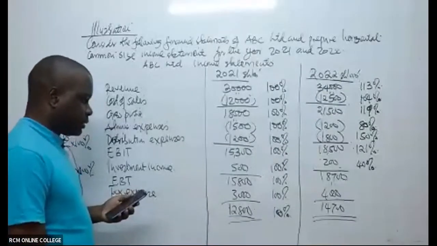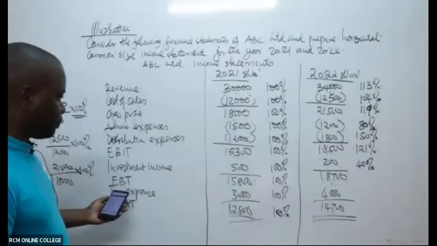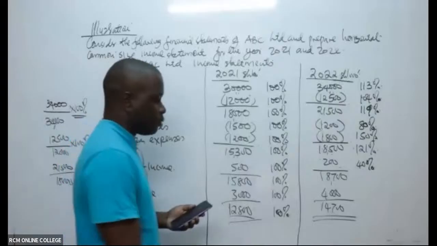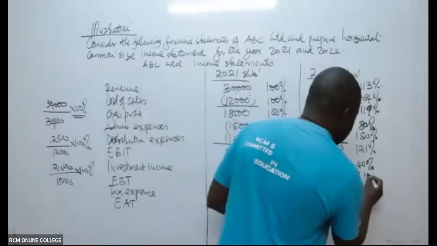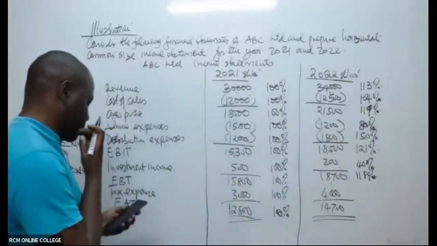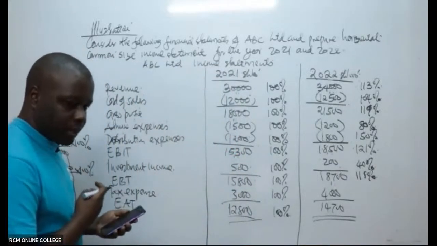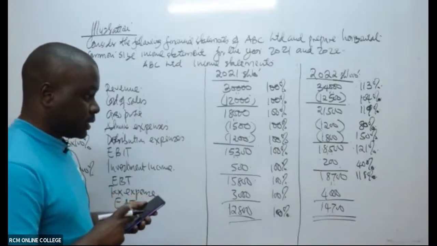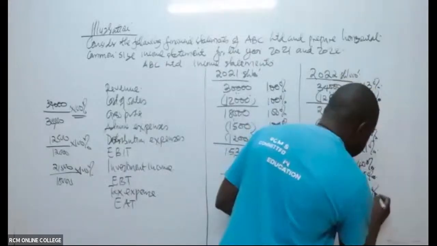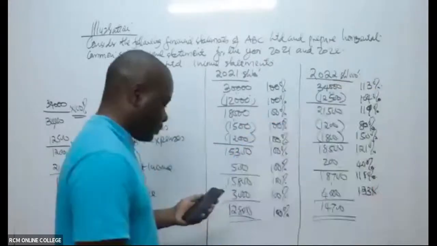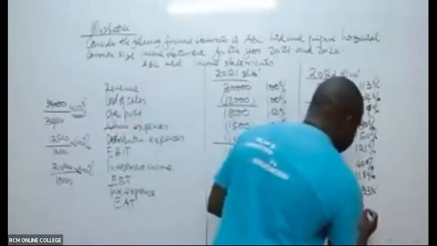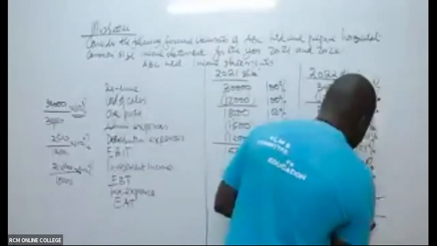The tax expense, is it 1% or 18%? What about the other tax expense, is it 133%? Then the last item, yes, 115%.